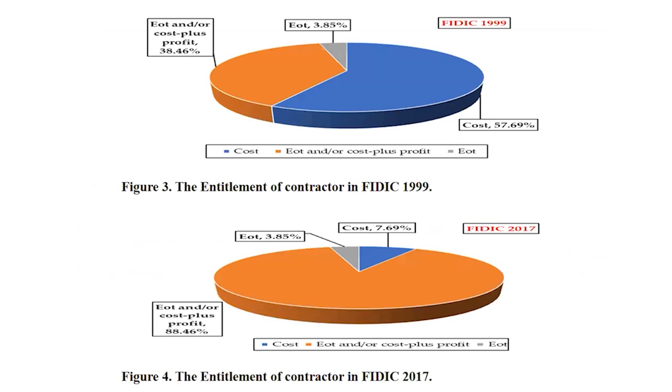Figure number 3 illustrates the entitlement of contractor in FIDIC 99. And figure number 4, the entitlement of contractor in FIDIC 2017.